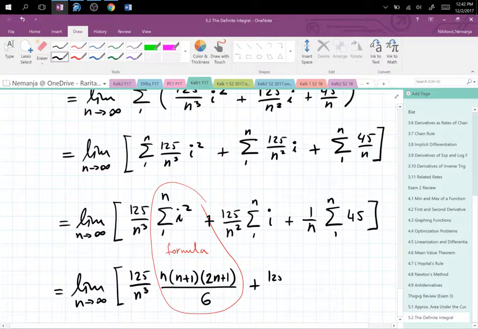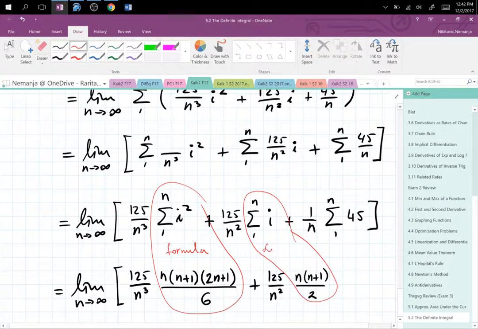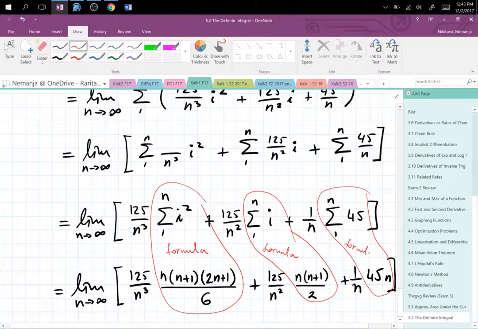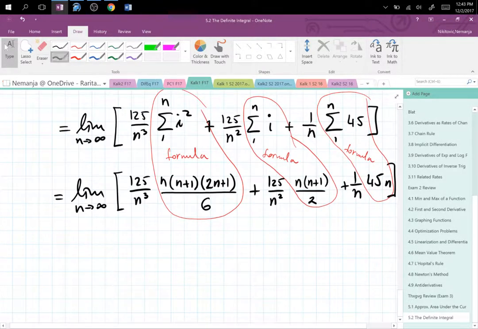Plus 125 over n squared, and then n plus 1 over 2. And finally, plus 1 over n times 45n. So that's just a formula.